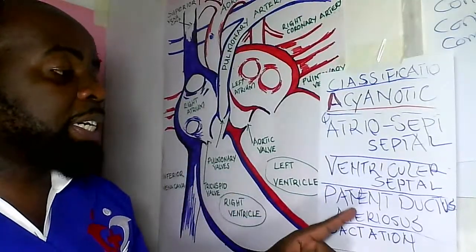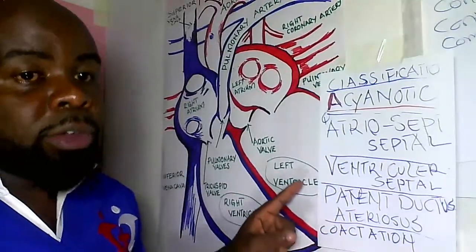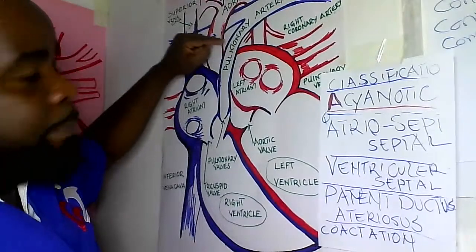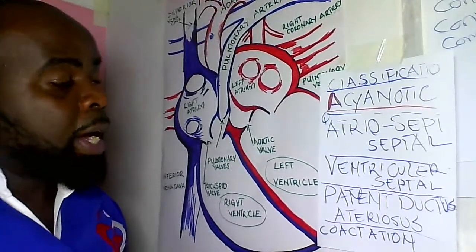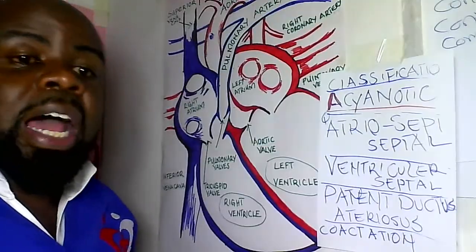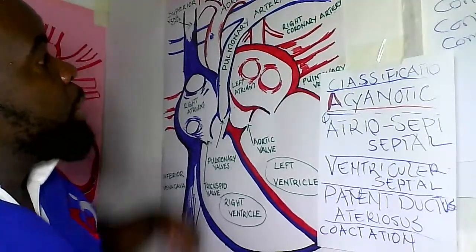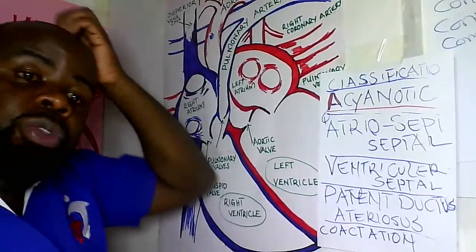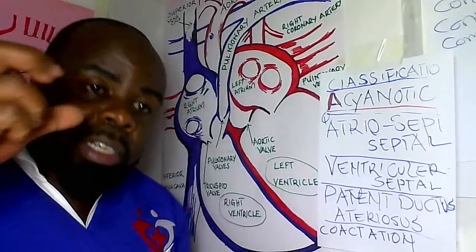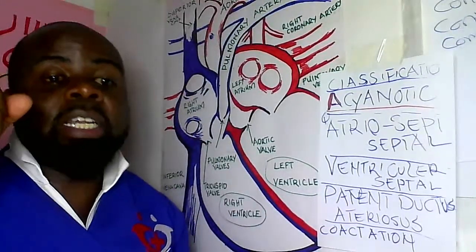Then we have patent ductus arteriosus, the ductus arteriosus that takes blood to the system did not close. And then we have coarctation of the aorta, which is constriction of the vessel that takes blood to the system. It is becoming constricted, smaller.